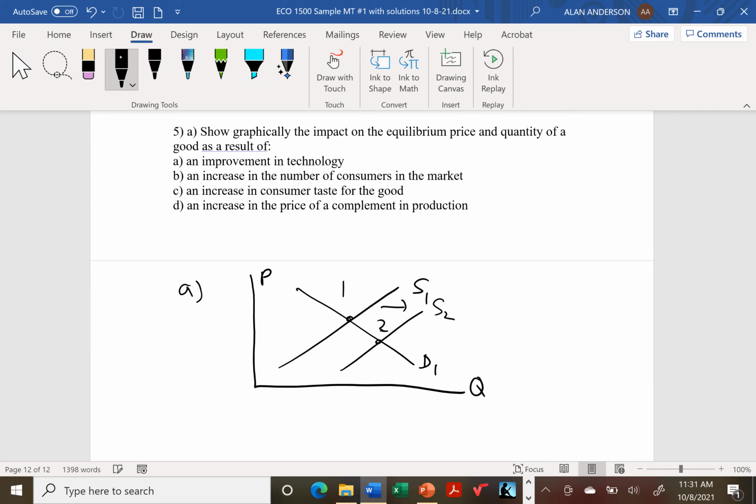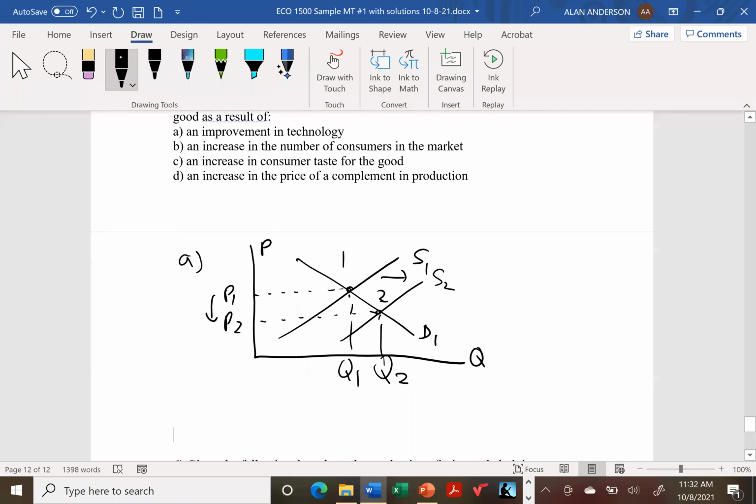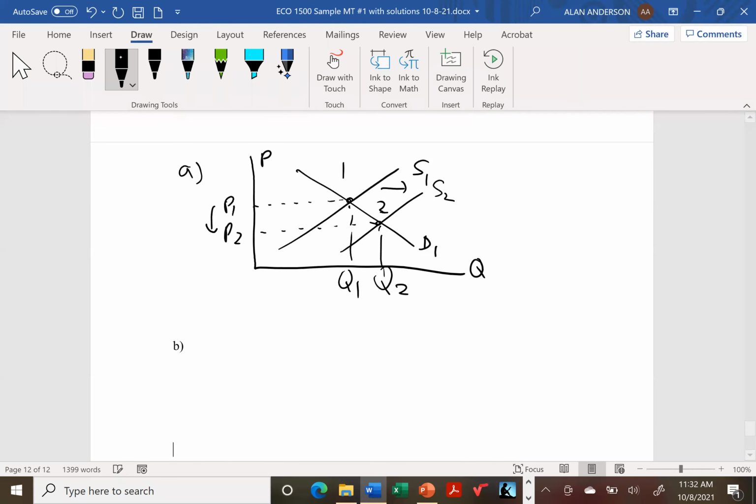And you can see the supply curve shifts to the right. And of course, you can see for yourselves that the price drops and the quantity goes up. That's always our favorite outcome. Part B, there's an increase in the number of consumers, which means the demand will go up.